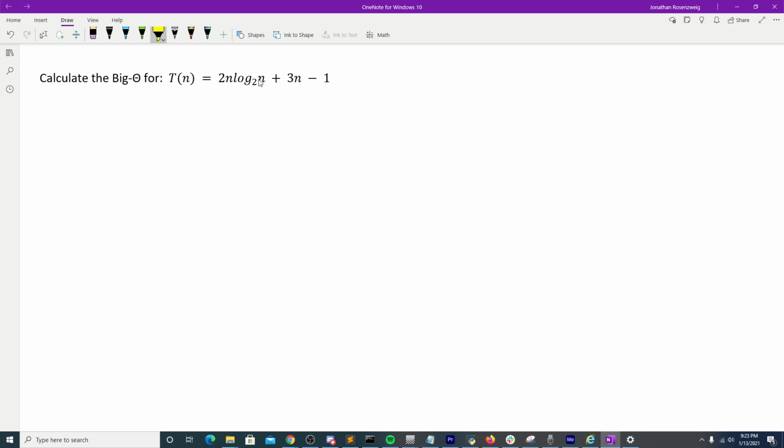And we know that log of n is greater than a constant. It's a function which increases. So n times log of n will be greater than a linear term. So our greatest term is n log n. So we are going to prove that t of n is theta of n log n.